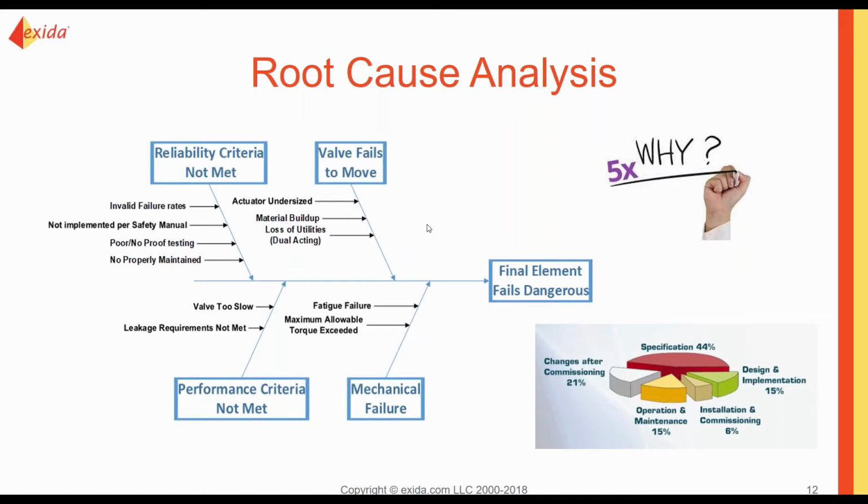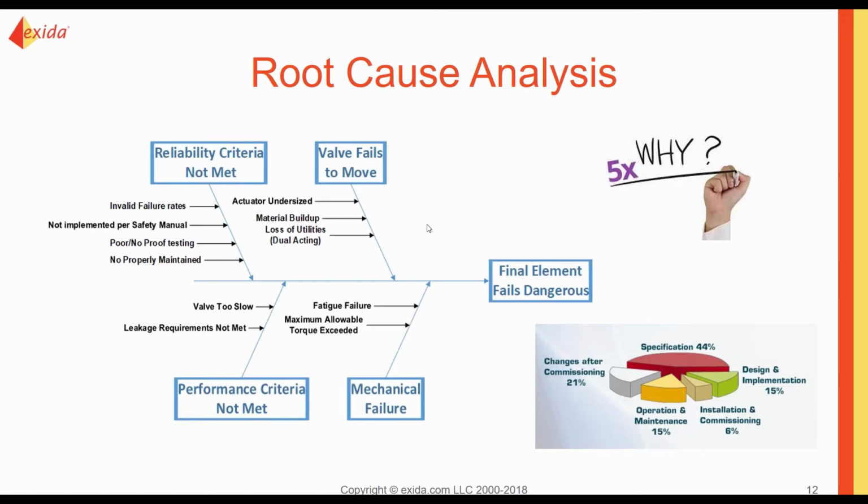Now, why? So with any of these, we can have the first reason, and then we can always apply the technique of the 5 whys. So, the maximum allowable torque was exceeded. Why? Well, because too much force was put on the stem. Why?